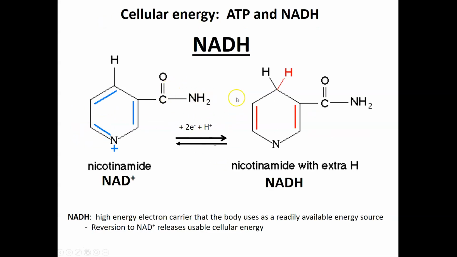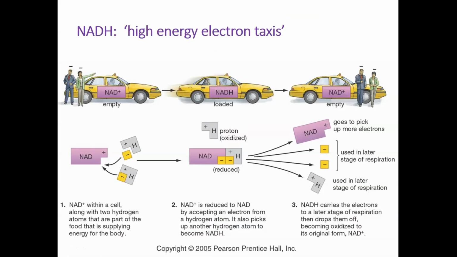And so here I've included what's actually happening to NAD+, which is it's gaining that hydrogen atom, and it's also gaining another electron. So NAD+ becomes NADH, and it's actually gaining 2 electrons in that process. And sometimes students really struggle with this, so if this makes it easier, literally think of it as a transporter.